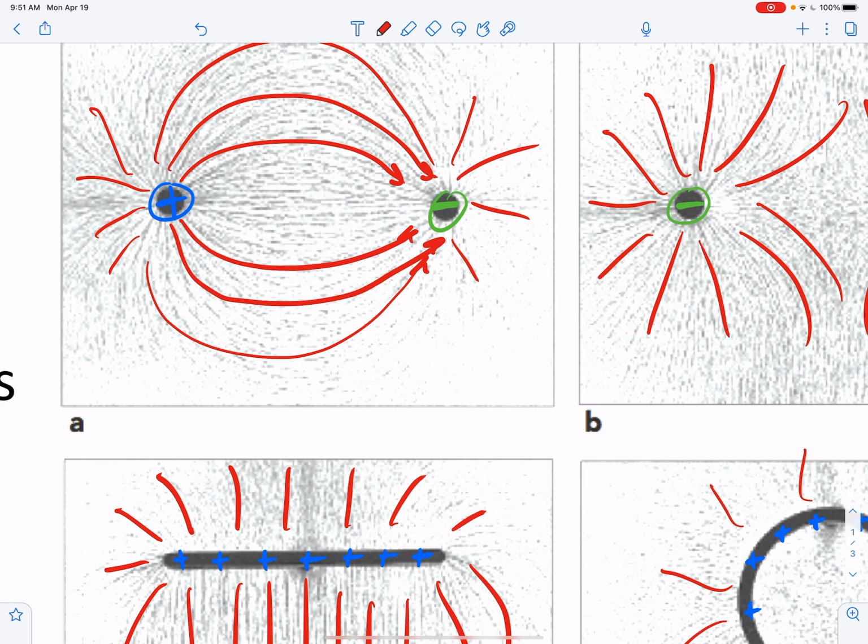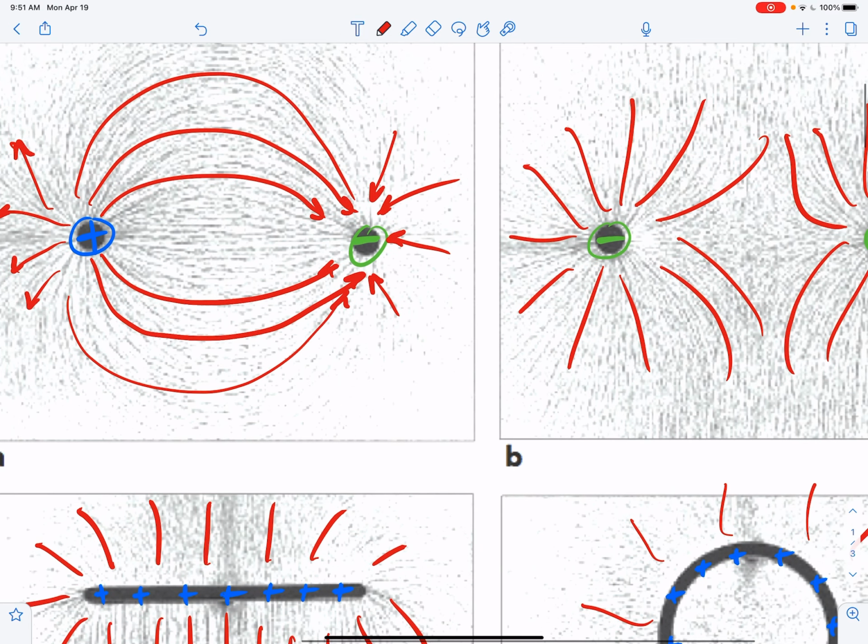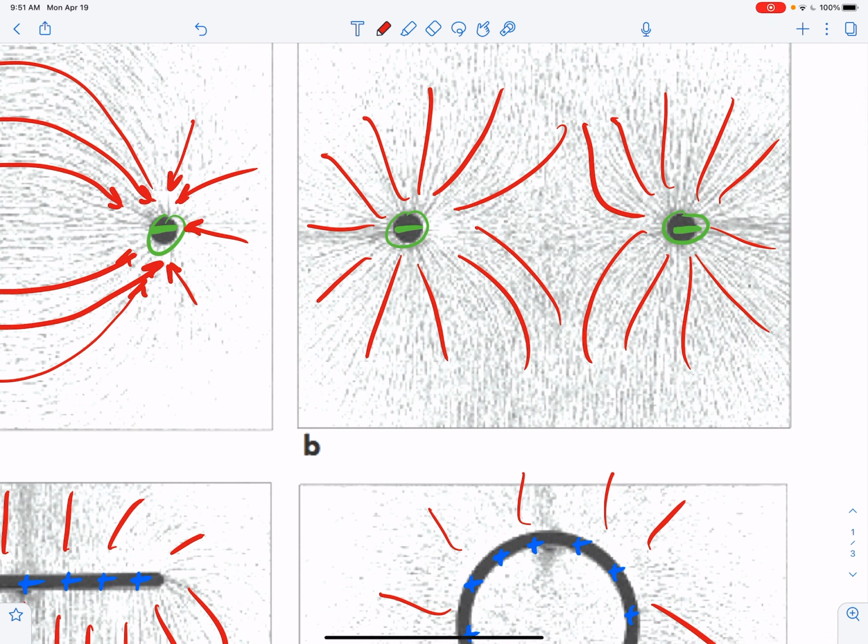So we'd have these arrowheads going away from the positively charged thing and towards the negatively charged thing. That's the made-up convention for physicists. So these would all point inward, towards negatively charged things, away from positively charged things.